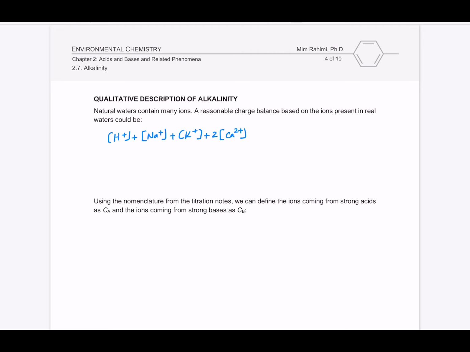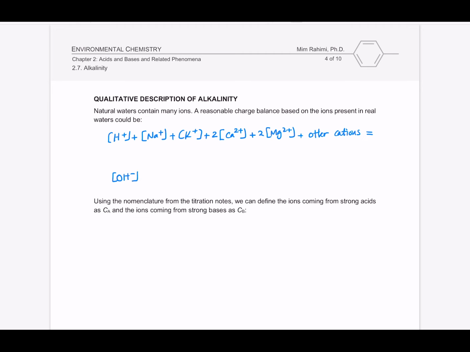Again, this is all about the charge balance, not mass balance. Also magnesium, and plus other cations. And obviously this would be equal to all the negatively charged ions.